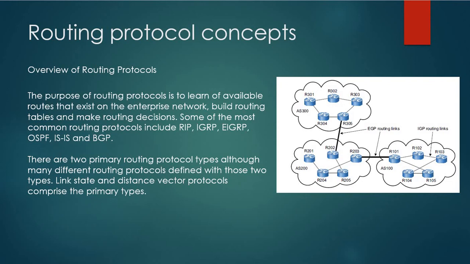IGRP will route IP and IPX in NetWare or AppleTalk. These are networking tools developed by Novell or Apple, which makes it very versatile for clients running many different protocols.